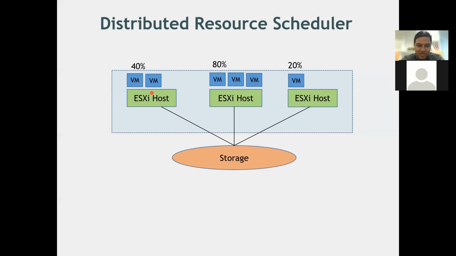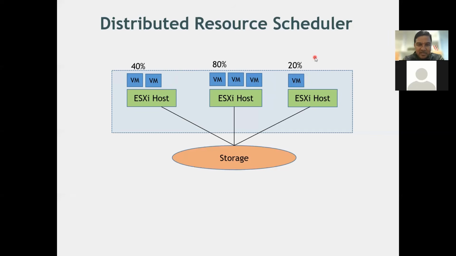Okay, so imagine the drawback of fully automated DRS. If we have these 3 ESXi hosts, and assume they all have 50% load, 50 here, 50 here, and 50 here.